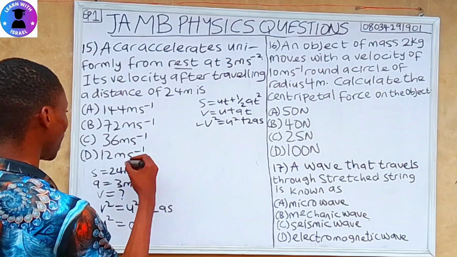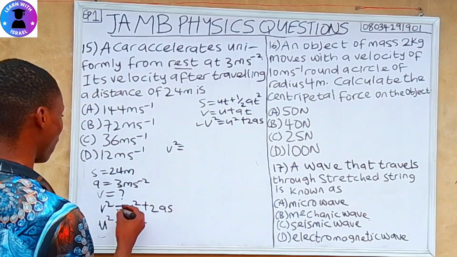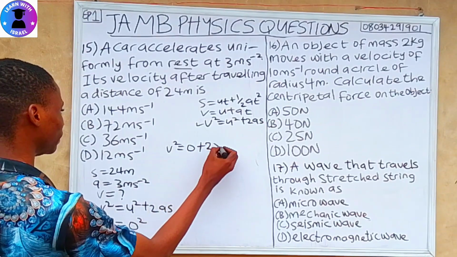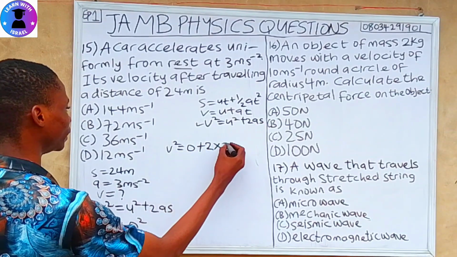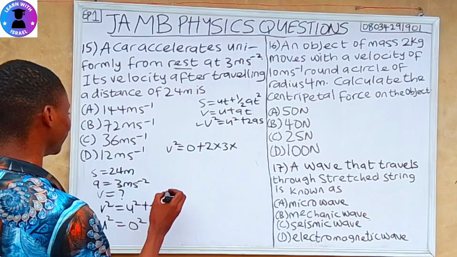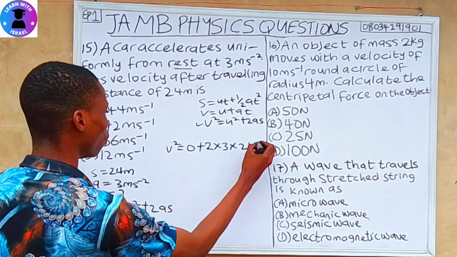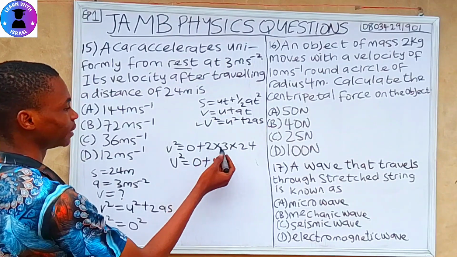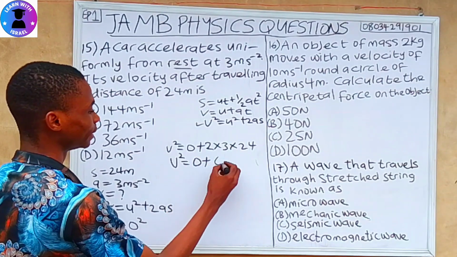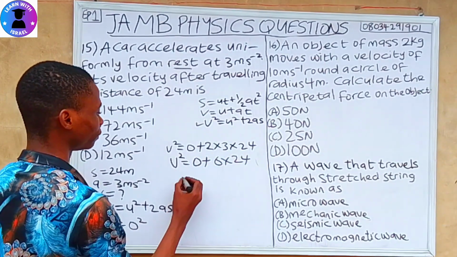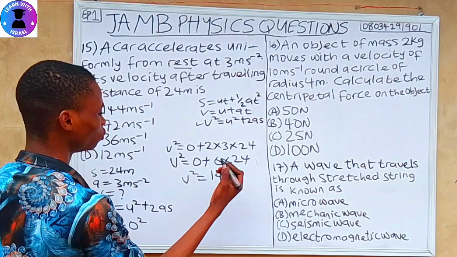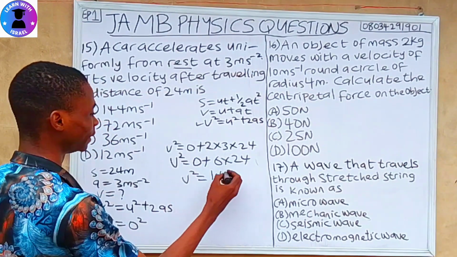So let's input it. Our v squared equals our u squared, which is 0, plus 2 multiplied by our acceleration, which is 3, multiplied by our distance, which is 24. So v squared equals 0 plus 2 times 3 is 6, and 6 multiplied by 24 equals 144. You need to know all this simple arithmetic.